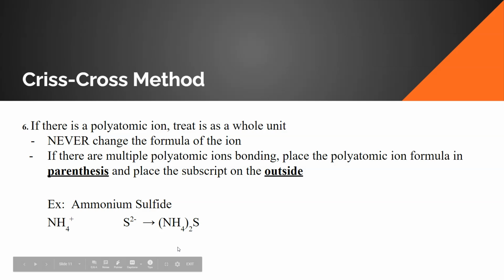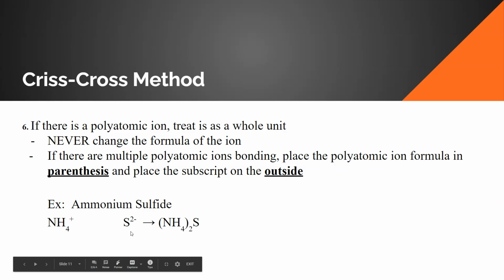For example, using ammonium sulfide: ammonium is the one polyatomic cation that we commonly see. It's NH4 and it's a +1 ion. Sulfide is a group 16 nonmetal, so its oxidation state is -2. When I do the crisscross, the 2 is going to go to the NH4 and the 1 goes to the sulfur.